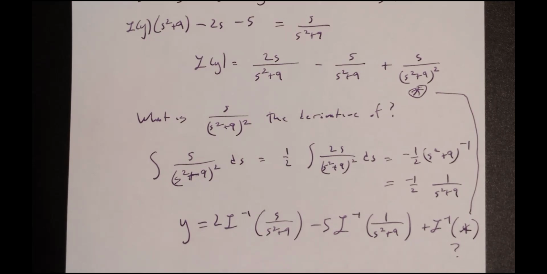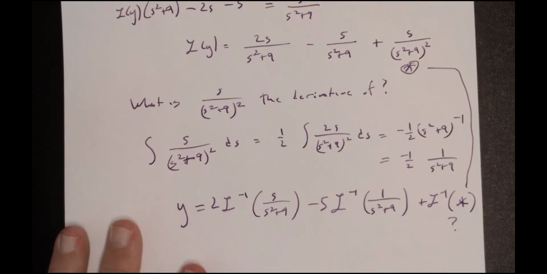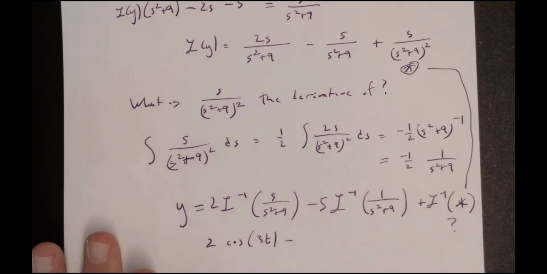Where do you see s over s squared plus 9 on the formula sheet? I won't see it as s squared plus 9. I'll see s squared plus a squared. Cosine. So this is 2 cosine of 3t minus.